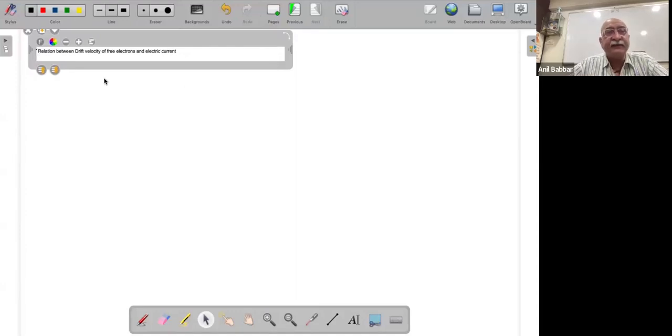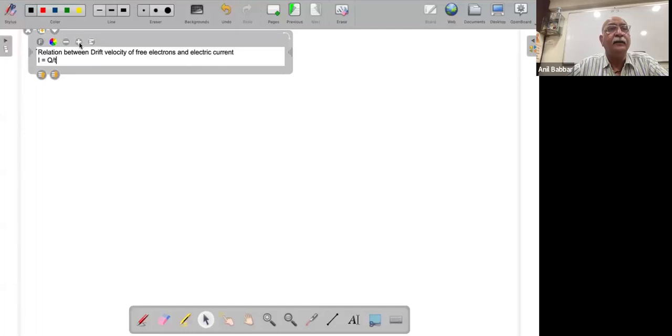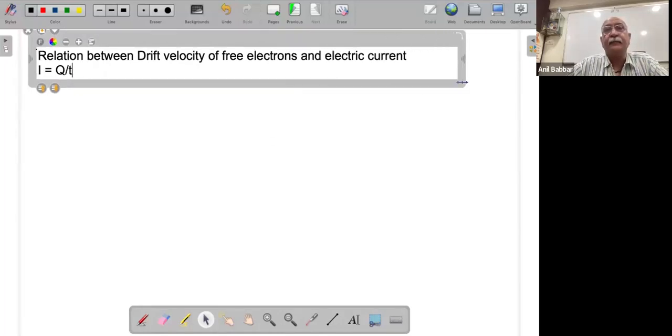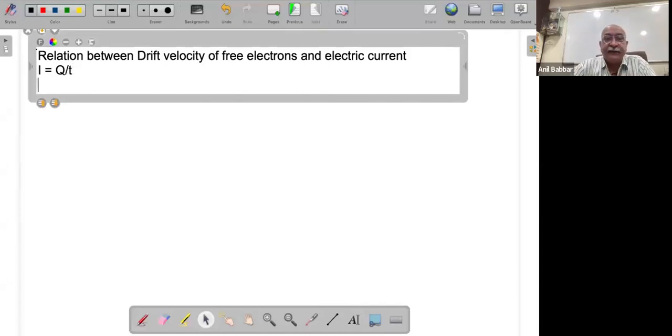The strength of the current in the wire is given by the relation I is equal to Q by T. Suppose the area of cross section of the wire is A, and the number of free electrons per unit volume of the wire is N.